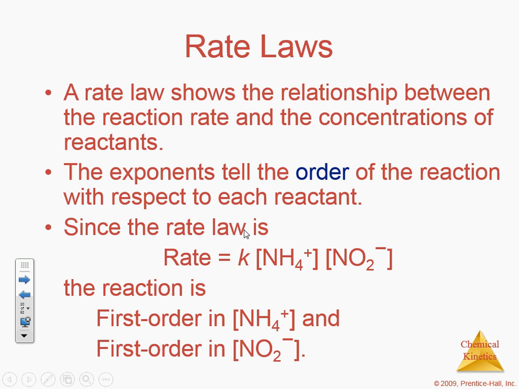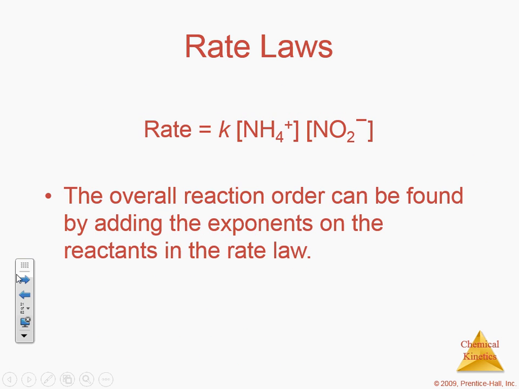So since our rate law is K times NH4 to the first times NO2 to the first, it's a first order reaction in NH4 because there's an imaginary 1 here, and it's a first order reaction in NO2. So just keep that in mind.